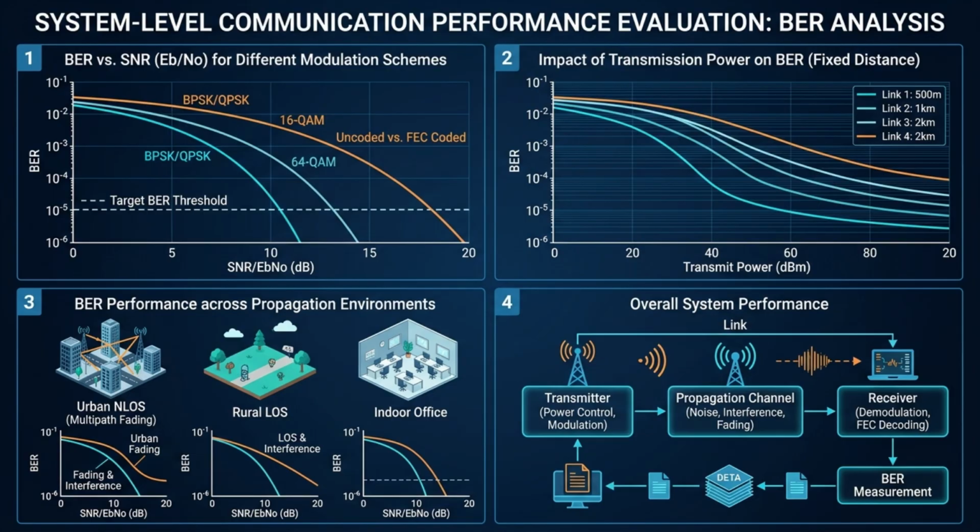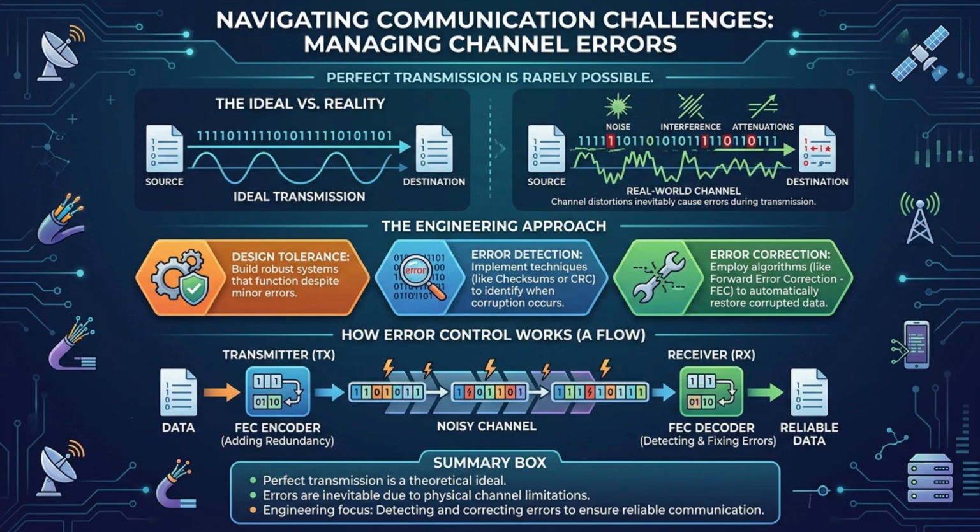At the system level, communication performance is often evaluated by measuring BER under different signal-to-noise ratios, transmission powers, and propagation environments. Channel errors demonstrate an important reality of communication engineering. Perfect transmission is rarely possible. Instead of trying to eliminate every error completely, engineers design systems that can tolerate, detect, and correct errors while maintaining reliable communication.